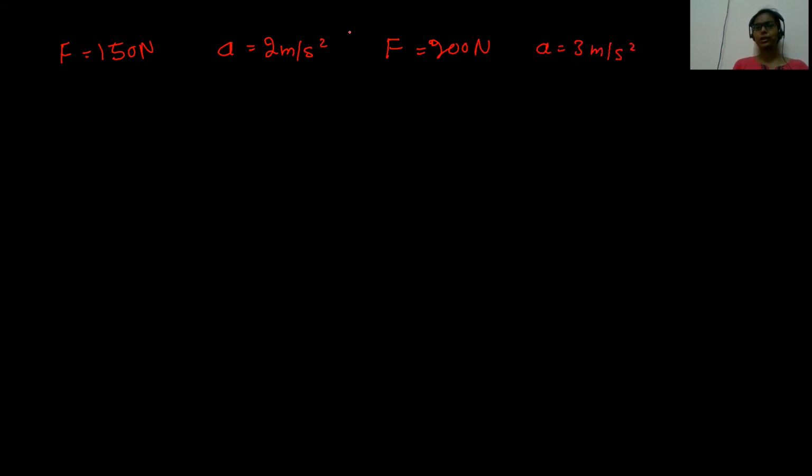Two cases are given, case 1 and case 2. In that condition, the friction will be the same, right? The coefficient of friction acting on the body will be the same, and the mass of the block is also the same. Only the applied force is different, that's all. So here you need to calculate the mass of the body first and the coefficient of friction later.